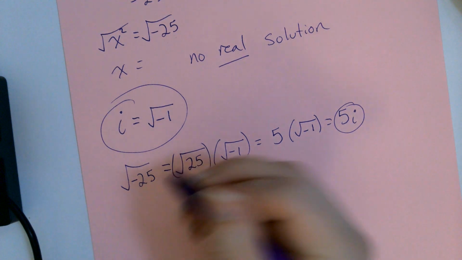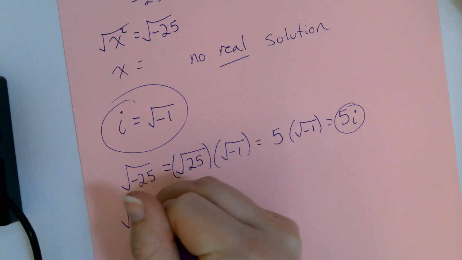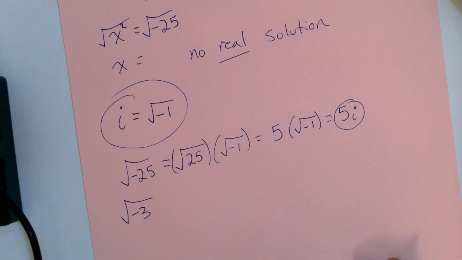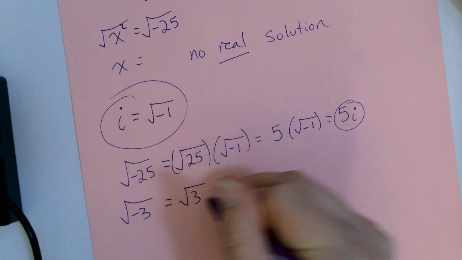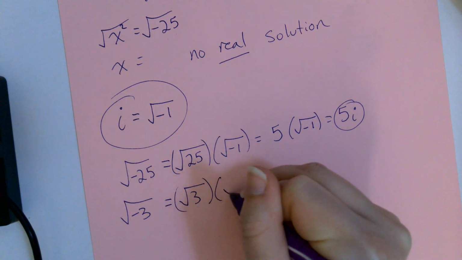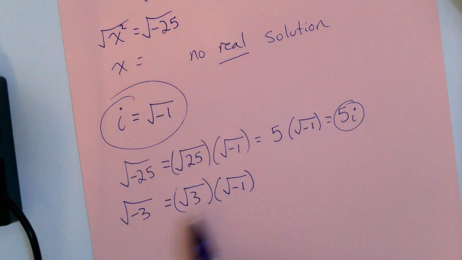Let's do another one. Let's say we have the square root of negative 3. Now we can split that up into the square root of 3 multiplied by the square root of negative 1, because 3 times negative 1 is negative 3.